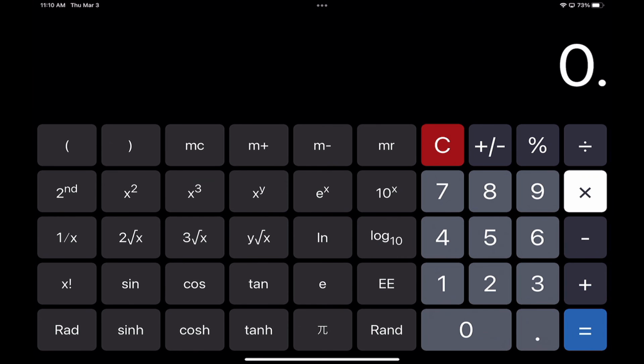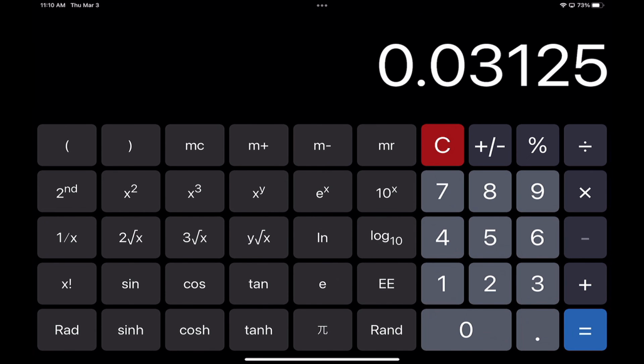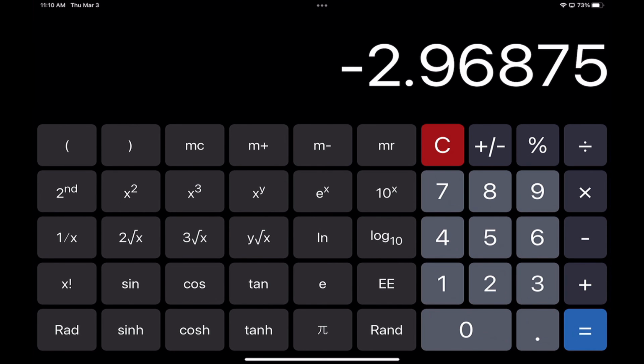I'm going to multiply that times 0.5, subtract 3, and I get a number that's very, very close to negative 3. Negative 2.97.